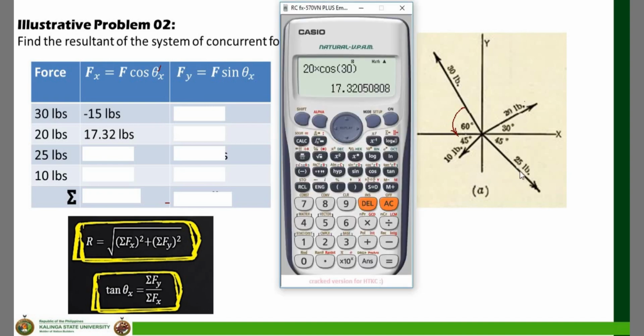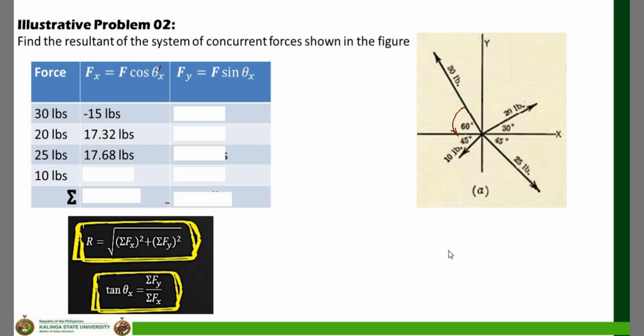The 25 pounds force is equal to 25 multiplied by cosine of 45 degrees. That is equal to 17.68 pounds. Since the 25 pounds is pointing to the right, downwards, to the right, so that is positive 17.68 pounds.